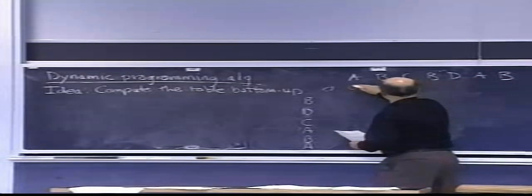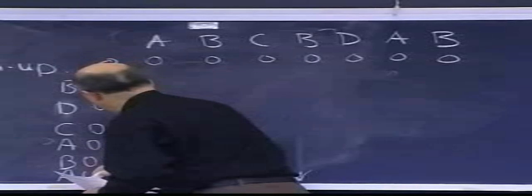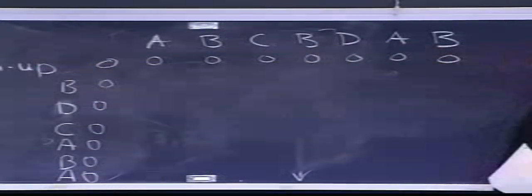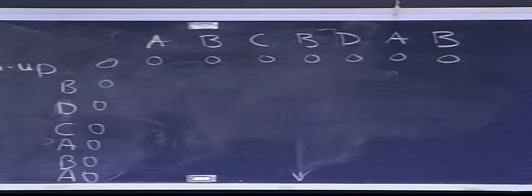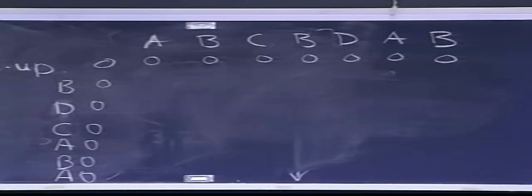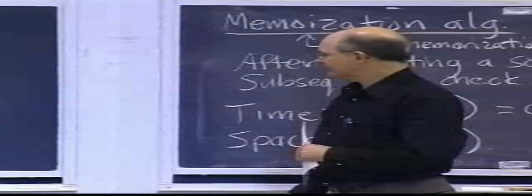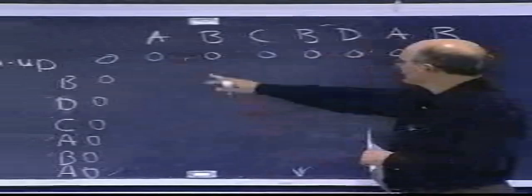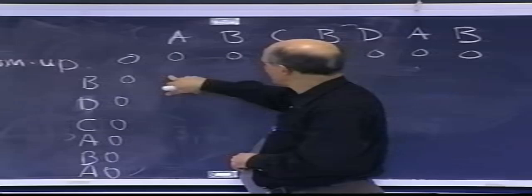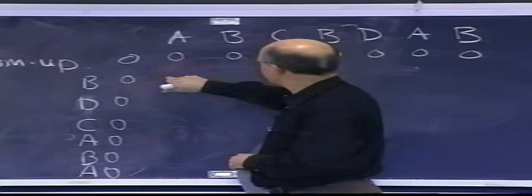And I'll initialize things across here as being all zeros, because basically the boundary case is that if I have the longest common subsequence of any string with the empty string, the length is 0. And then I'll just go in and use my formula to figure out what this entry is, which I can do because it relies on either these two values or that value if these two things are equal.